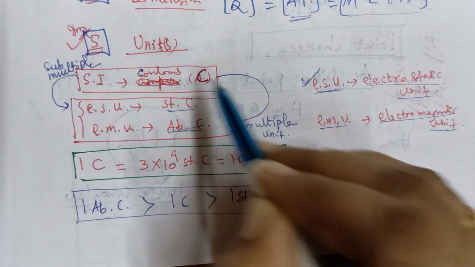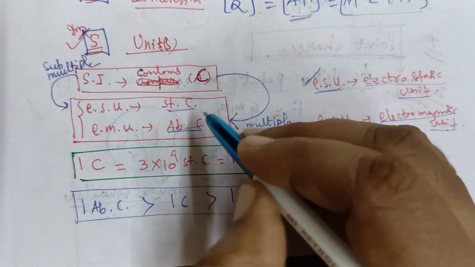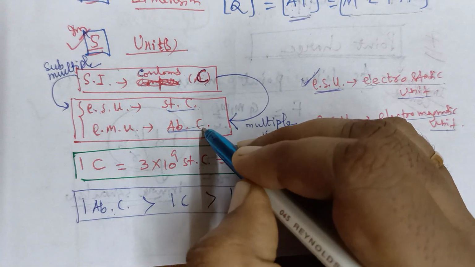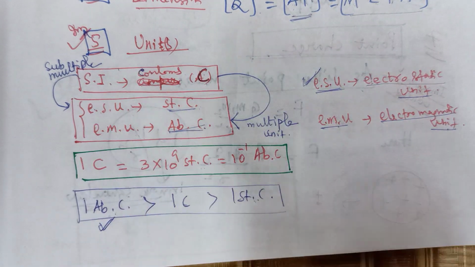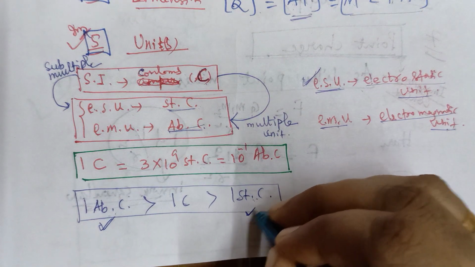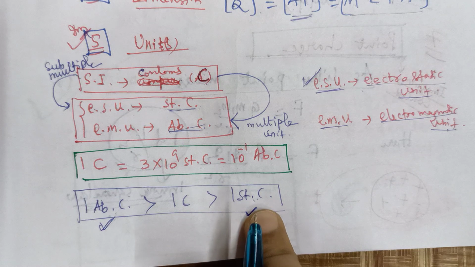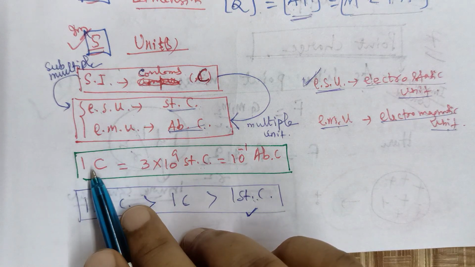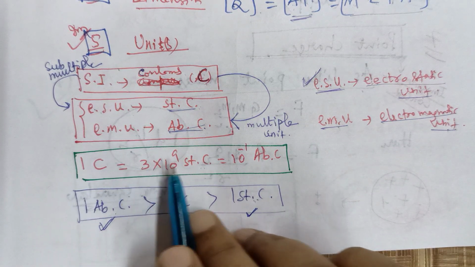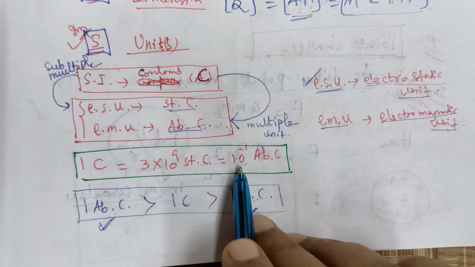EMU is a multiple unit of coulomb, that means it is greater than coulomb. Ab coulomb is the greater unit and stat coulomb is the smaller unit. So you remember this relation: 1 coulomb is equal to 3 into 10 to the power 9 stat coulomb, which is equal to 10 to the power minus 1 ab coulomb.